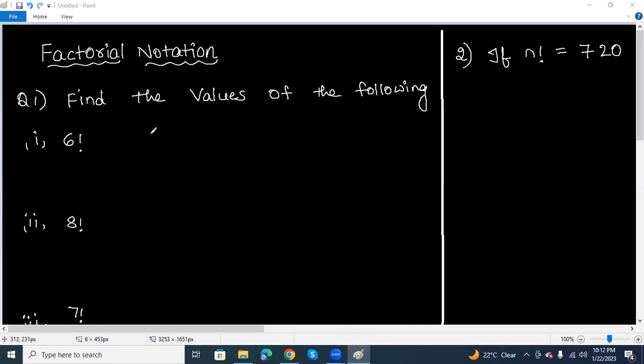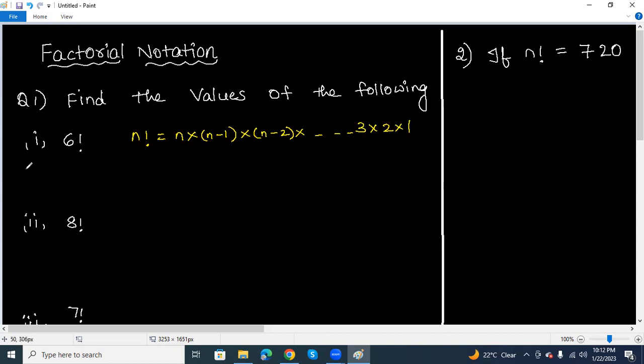The formula for n factorial is what? n factorial is equal to n times n minus 1 times n minus 2 times so on, till the last value, 3 times 2 times 1, isn't it?